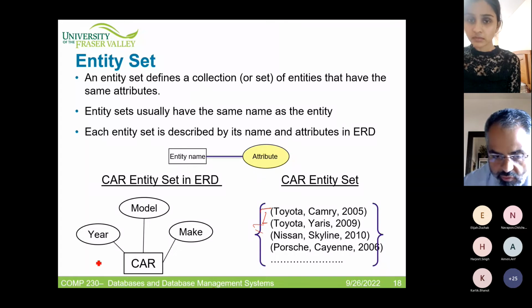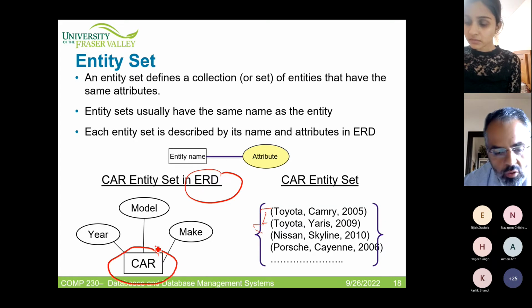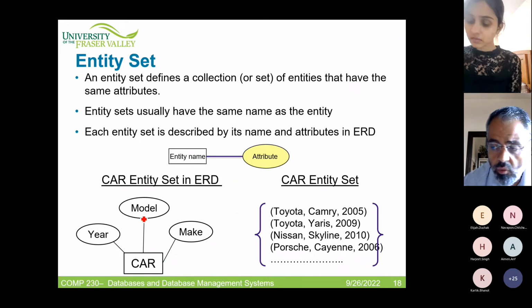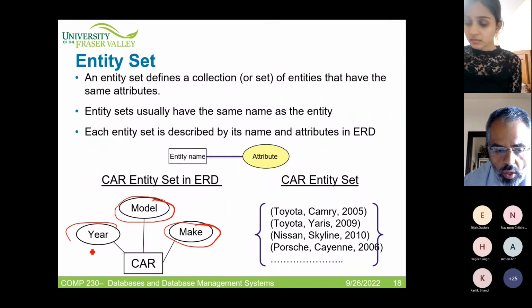So an entity set in an ER diagram, we will represent its name with a rectangle. You could do it as a triangle, but it should be a rectangle. And for each attribute or parameter, we should have an oval where we write the name of the attribute.